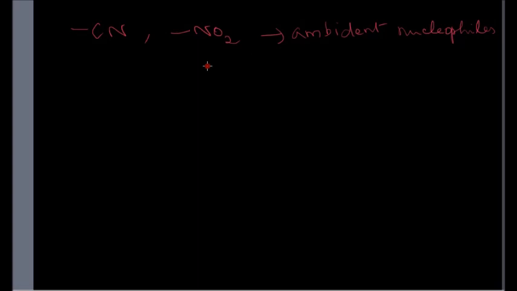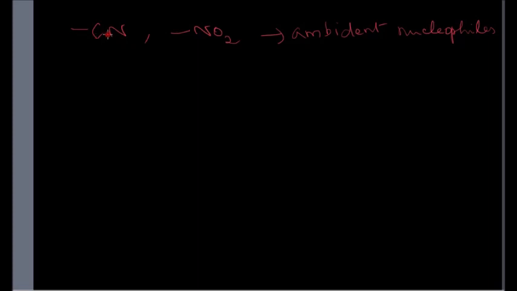Out of the reactions discussed above, I want to draw your attention to two sets of reactions involving the nucleophiles CN and NO2. These two are ambident nucleophiles because these can attach themselves to the carbon using two different atoms.